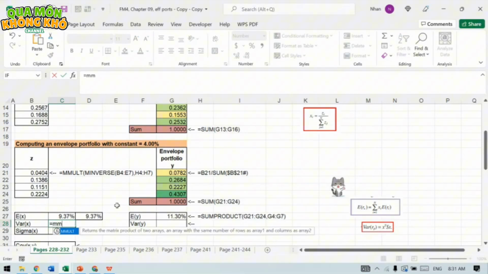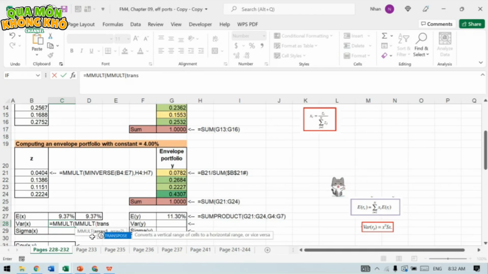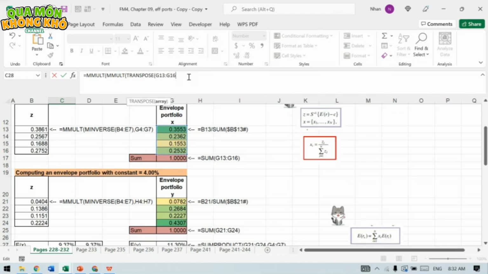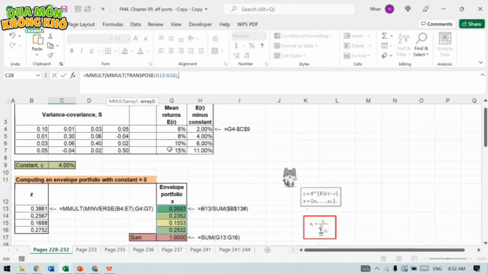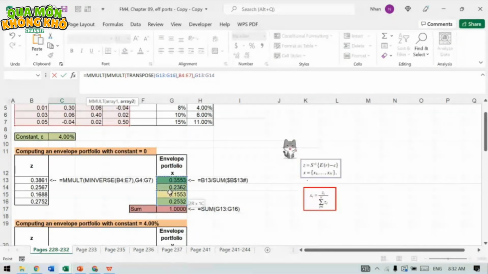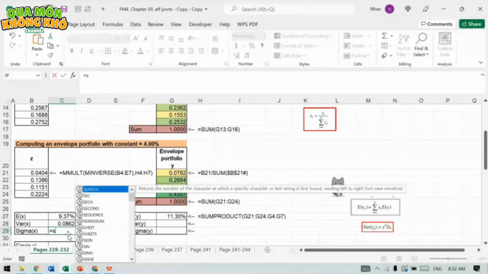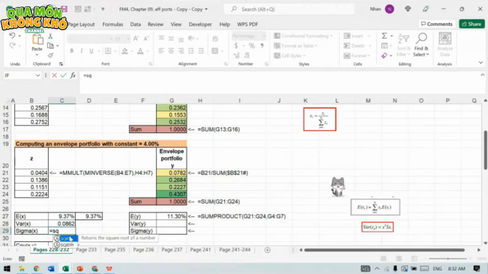It equals, I will use the MMULT function to calculate this: transpose X, and then the variance-covariance, and then the envelope portfolio X. So I enter. I have the variance here, and the standard deviation of portfolio X equals the square root of the variance.